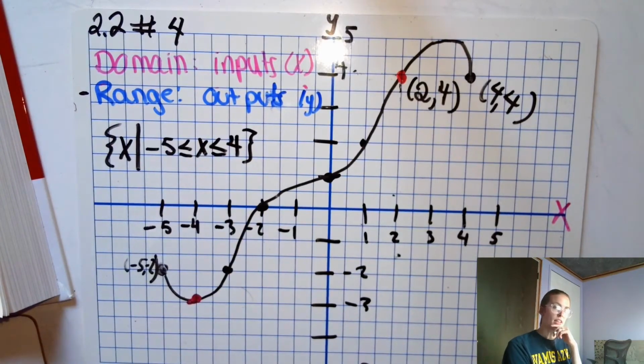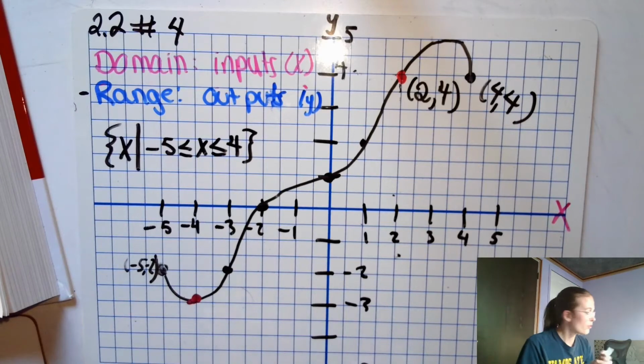So this means the set of all x values such that x is greater than or equal to -5 and less than or equal to 4. So that's the domain of f.